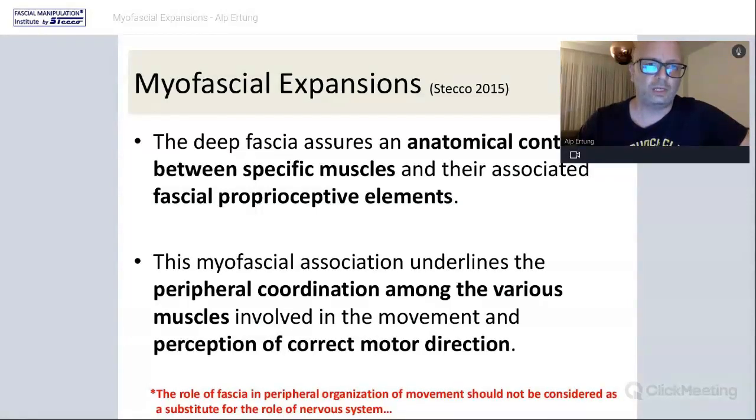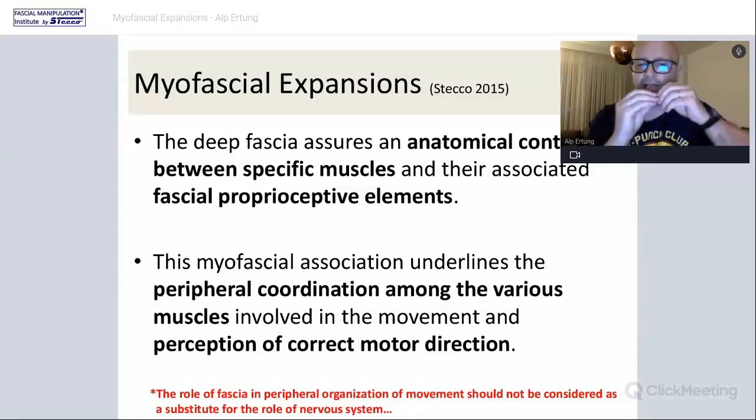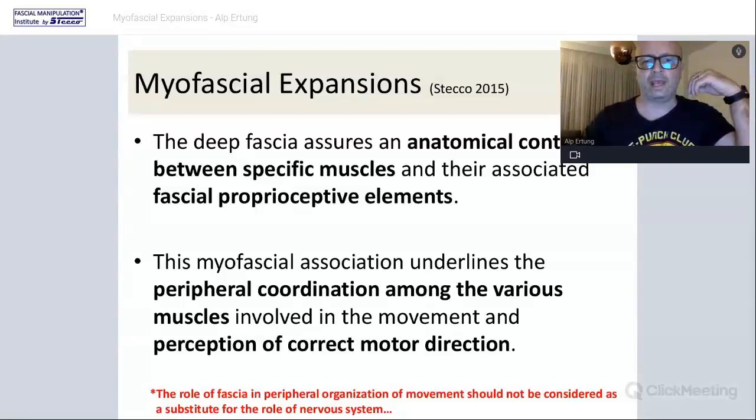Also, the deep fascia assures an anatomical continuity between specific muscles, as I explained before. They are associated with fascial proprioceptive elements. So they are able to have that relationship between each other by the help of deep fascia.